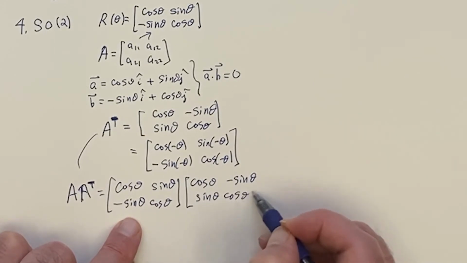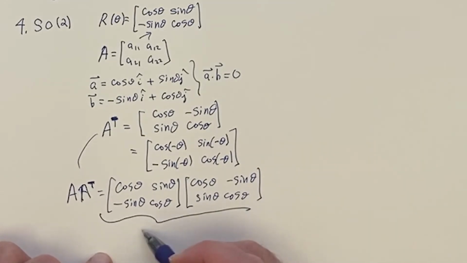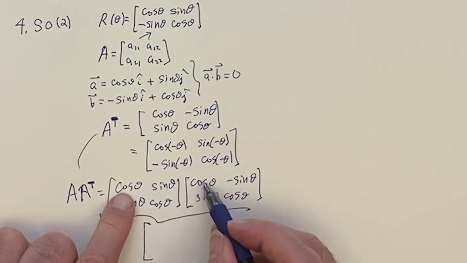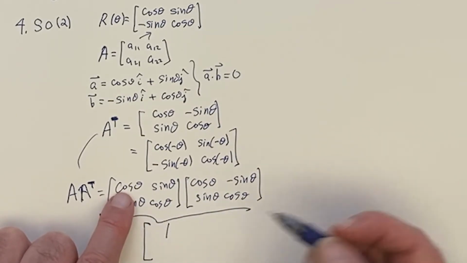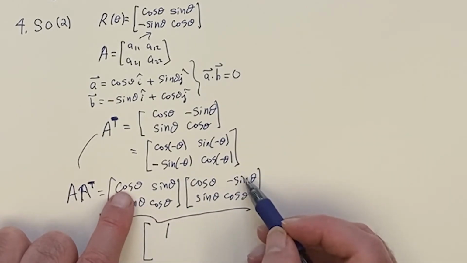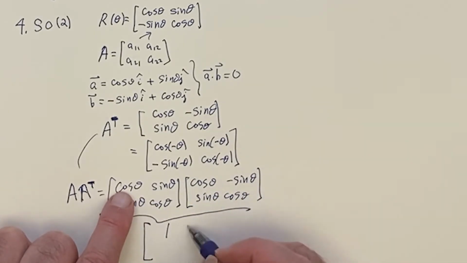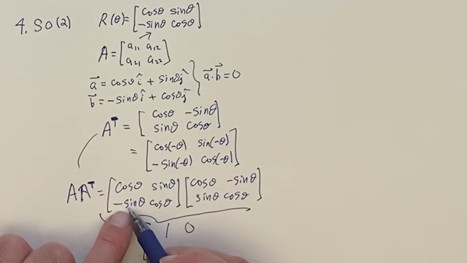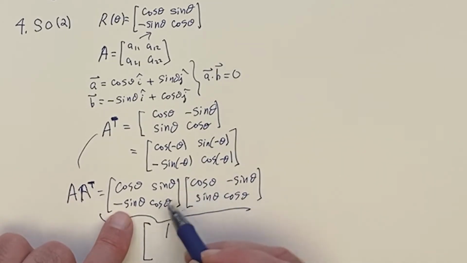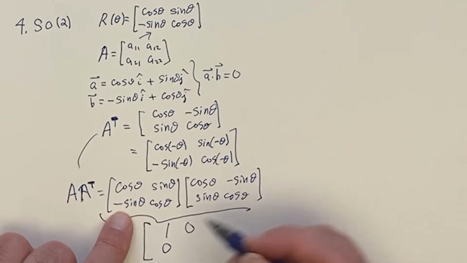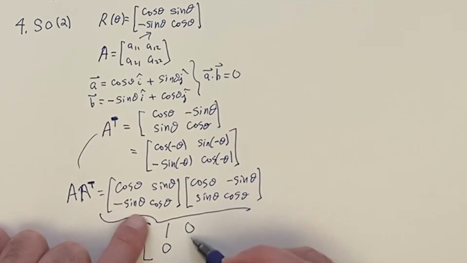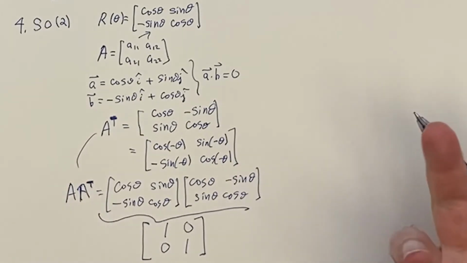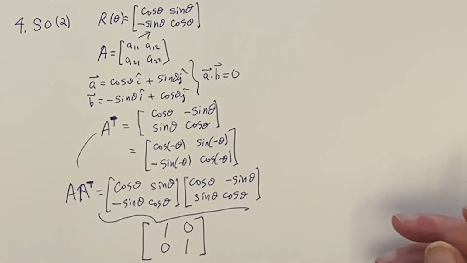Then if you do the product, you have cosine times cosine plus sine times sine, that's a 1, cosine squared plus sine squared. Cosine hit with the negative, and then sine hit the cosine with the positive, it's 0. Here, a negative with the cosine plus the positive product is going to give you 0. And then the last one is sine squared plus cosine squared, which gives you 1. So that's another way of proving it.